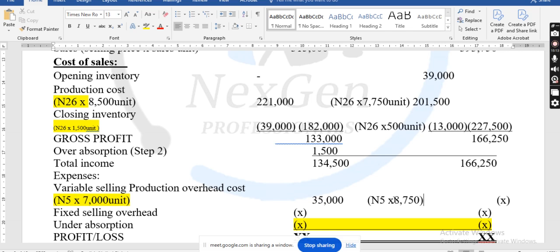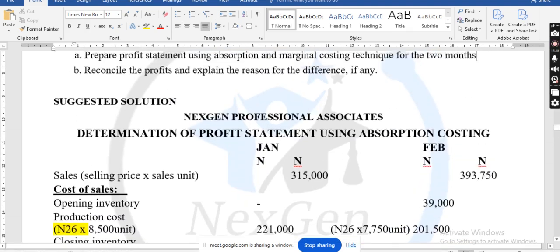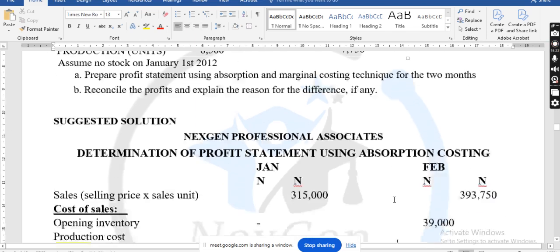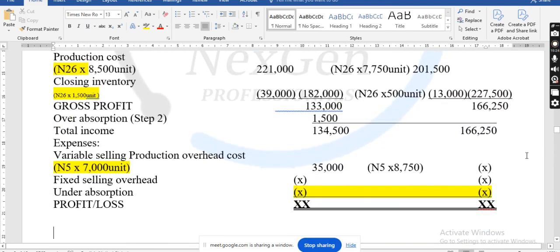If you have your material, you can check. You can see it here as 8,750 for sales. Now multiply it. What do we have? 43,750. Okay, good.